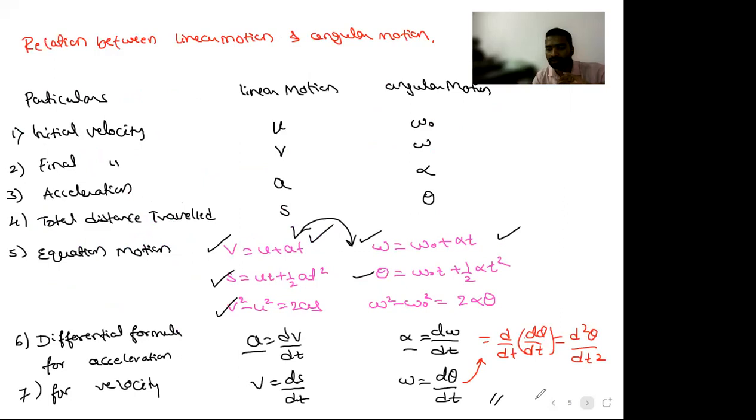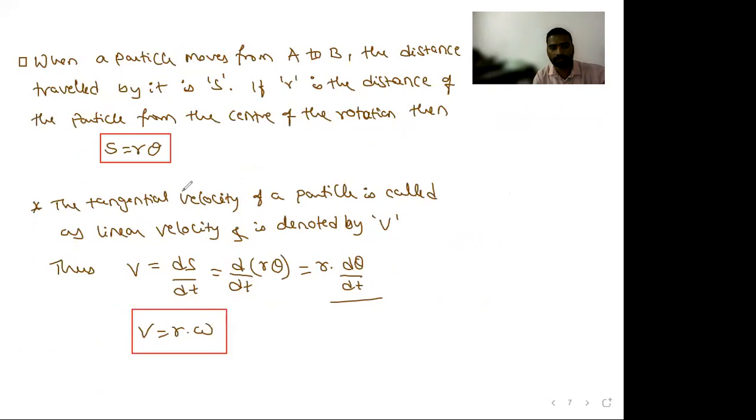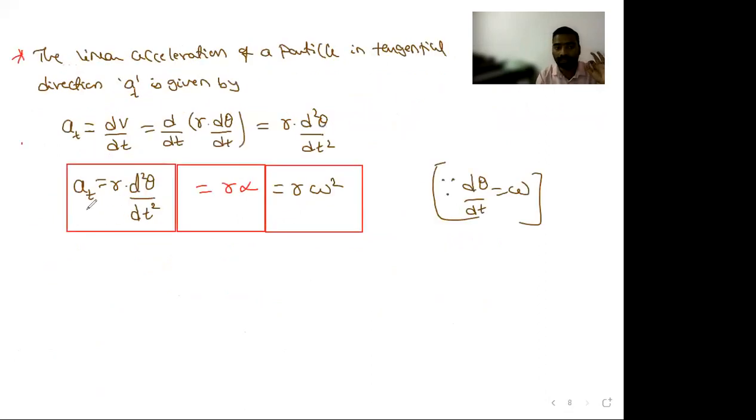Then you have studied the relation between angular and linear quantities. Linear displacement is equal to r times angular displacement. Then linear velocity is equal to r times angular velocity. Then linear acceleration is equal to r times angular acceleration, or r times angular velocity square.